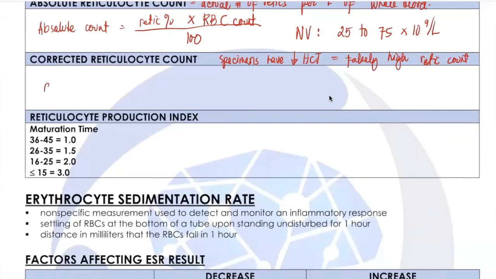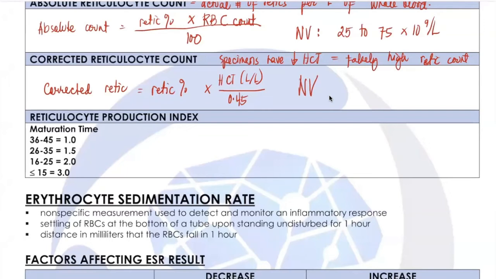So what is our formula for this? Corrected retic is your reticulocyte count in percent, times your hematocrit in liters per liter, divided by 0.45. So, what is the normal value for this? The normal value depends on the hematocrit level of the patient.